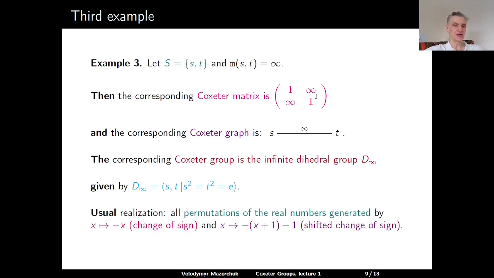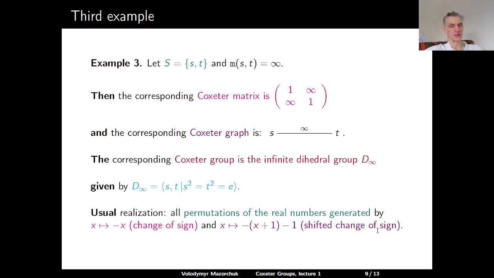And the usual realization of this group is the group of all permutations of, let's say, real numbers, which are generated by the following two permutations. Change of sign, so we map the real number x to minus x, or the shifted change of sign, where we map a real number x to minus (x plus 1) minus 1.